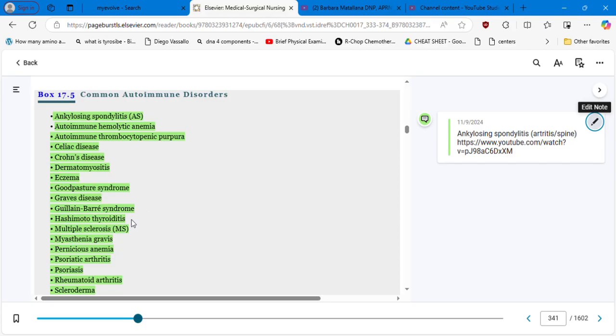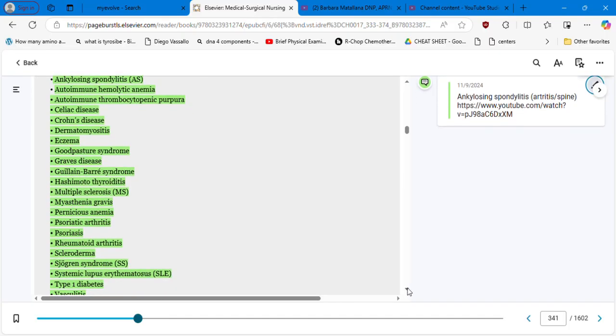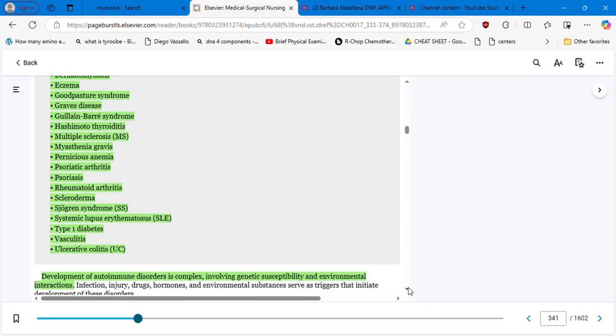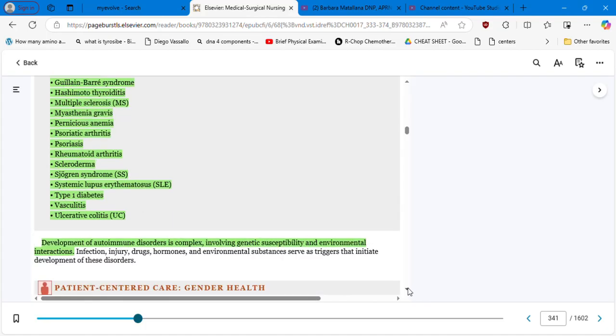Hashimoto's thyroiditis, you're going to see that next semester when you speak about the endocrine part. Multiple sclerosis, myasthenia. You have a long list here. We reviewed already rheumatoid arthritis, Sjögren's syndrome, very briefly. Type 1 is going to be reviewed next semester. So ulcerative colitis as well. We spoke about it, okay?